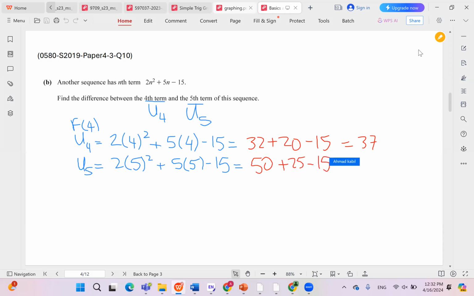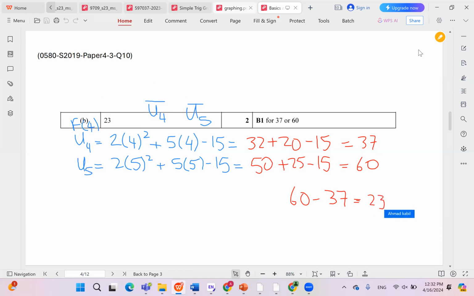This is equal to 60. They want the difference between the terms, so we have to do 60 minus 37, and this is equal to 23 as a final answer. And 23 here is correct.